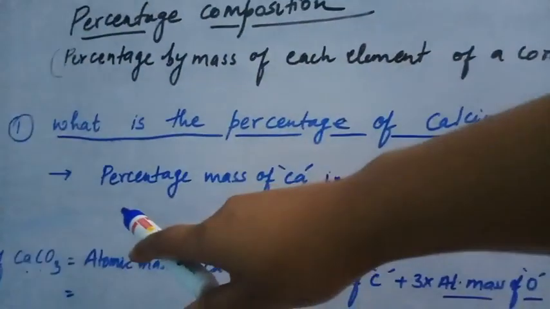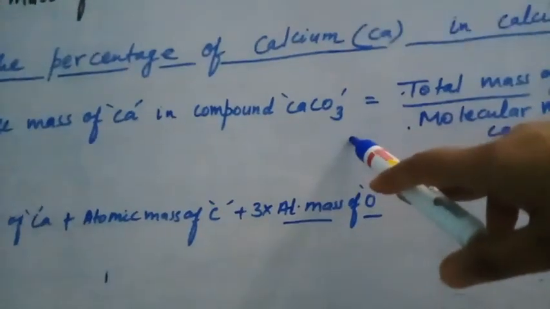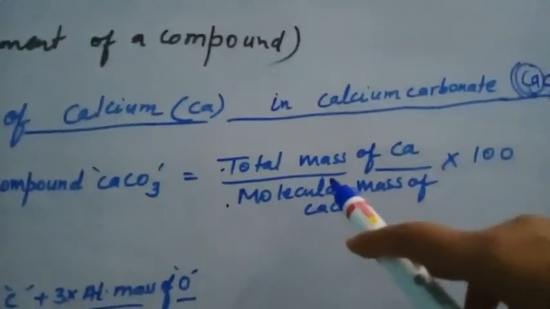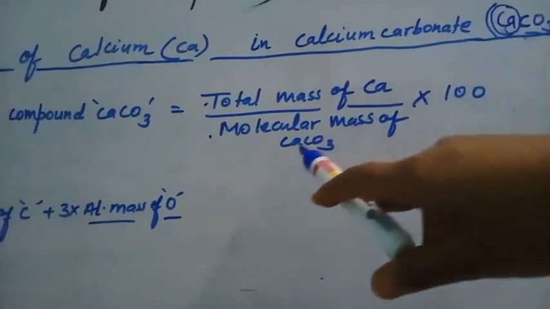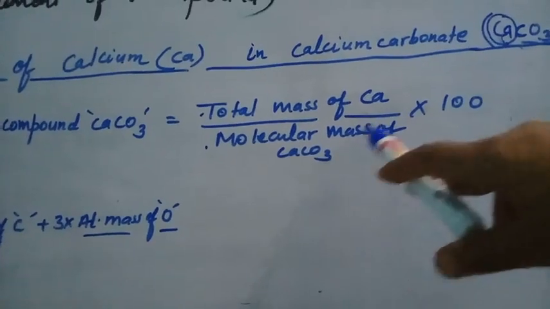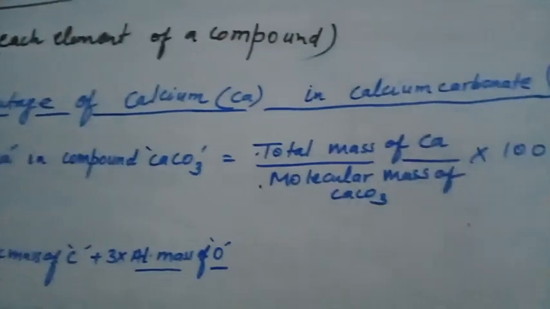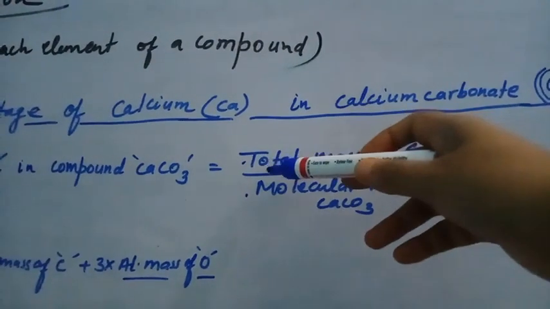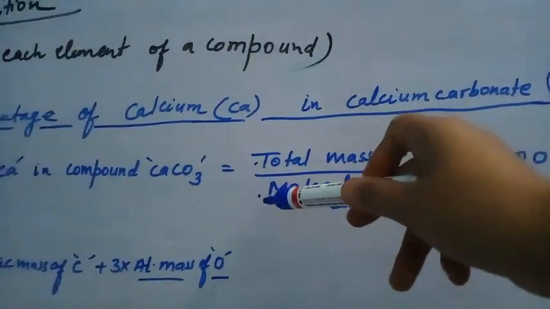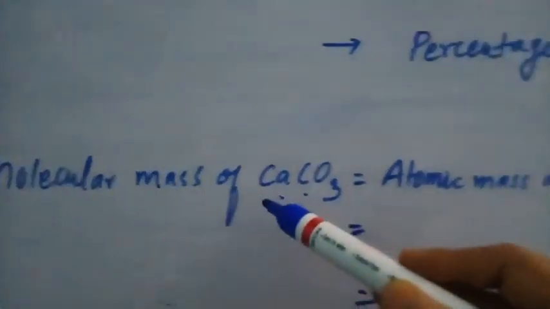The formula is: percentage mass of calcium in the compound calcium carbonate is equal to total mass of calcium divided by molecular mass of the compound calcium carbonate into 100. Before using this formula, we should first calculate the total mass of calcium and also the molecular mass of calcium carbonate. So first we will calculate the molecular mass of calcium carbonate.